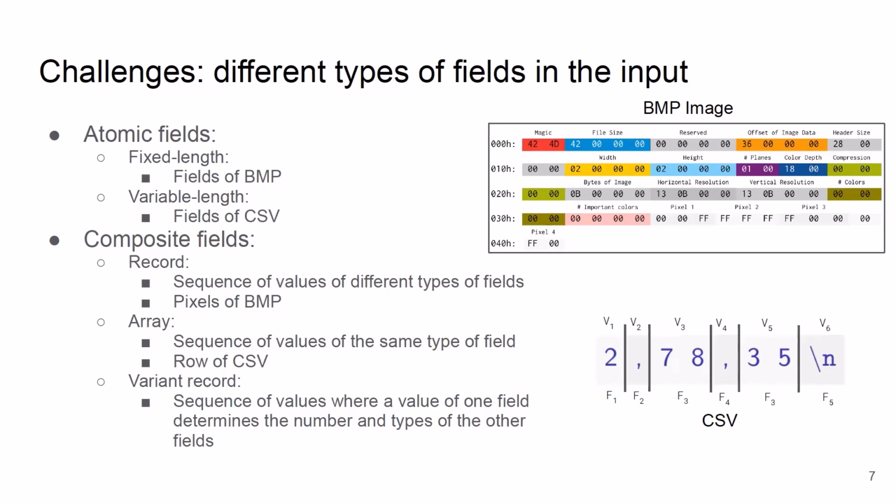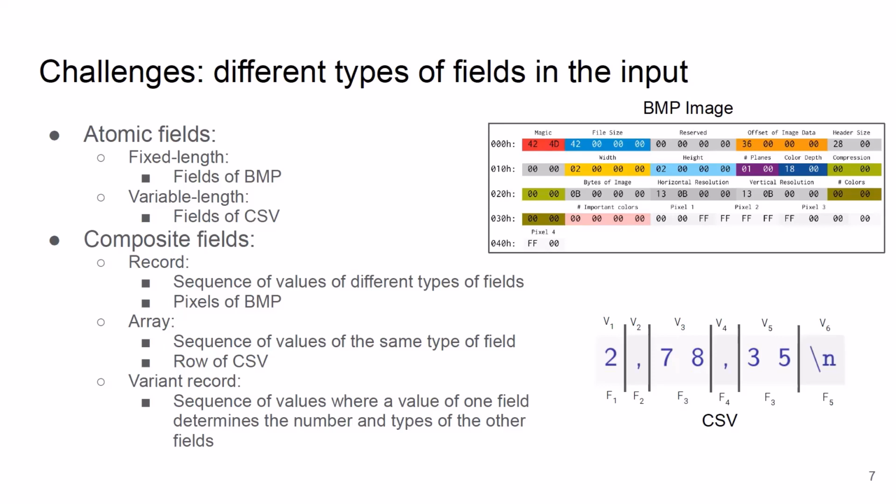And the composite fields are fields that are a collection of fields. For instance, a record is a composite field. It's a sequence of values of different types of fields. For instance, if you look at pixel 1, it is a record. It consists of 3 different fields that specify the value of red, green, and blue of a given pixel of a BMP image.